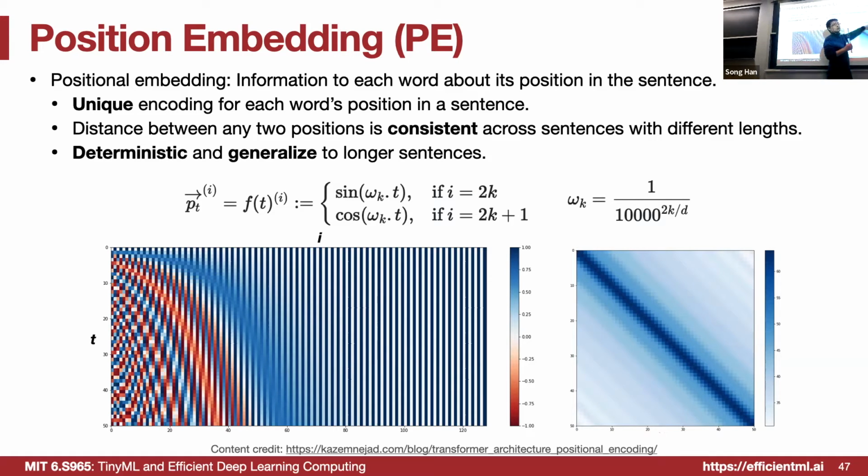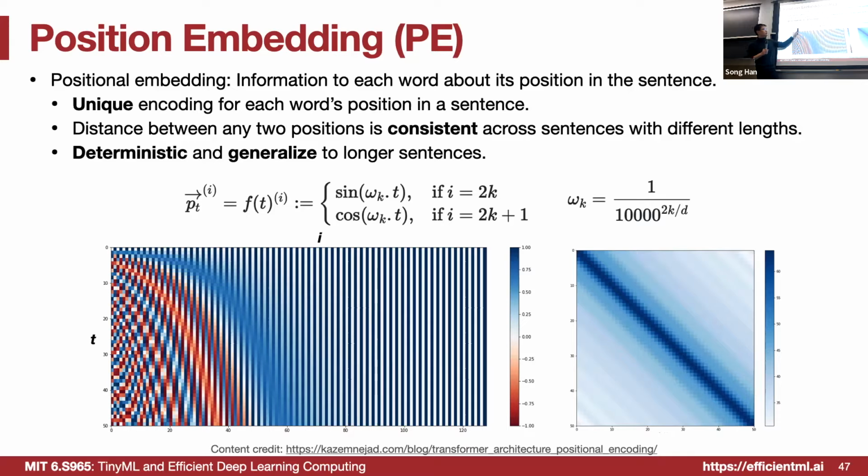So the denominator is small, meaning that omega is pretty large, showing that the frequency is actually pretty large, because omega is large when k is small. So in the first couple of dimensions, the frequency of change is pretty rapid along different t, so the value is changing pretty rapidly.